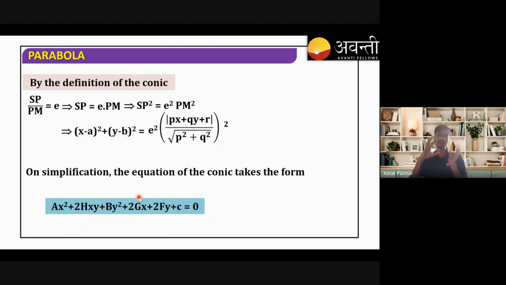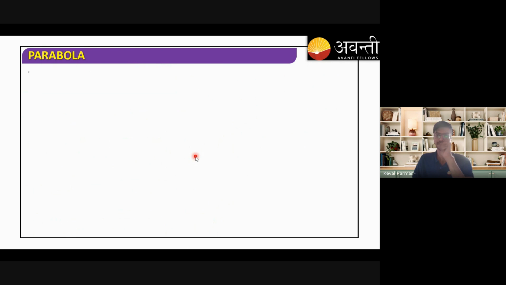So depending on the relation between these coefficients, we can get different conic sections. So let me tell you, how do we get different conic sections? We get different conic sections in 2 ways. Either we input the value of eccentricity in this equation, or we find the relation between the coefficients in this equation. So both ways we can get the equations of different conics. So let's see what those equations are.